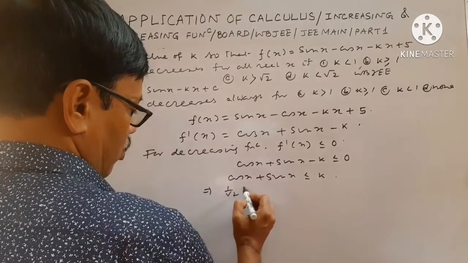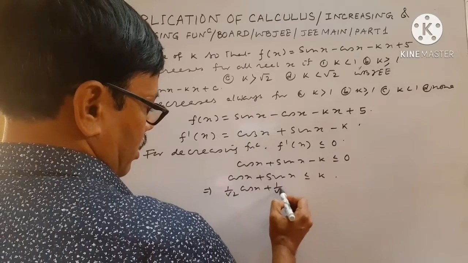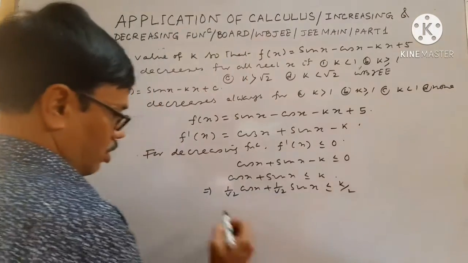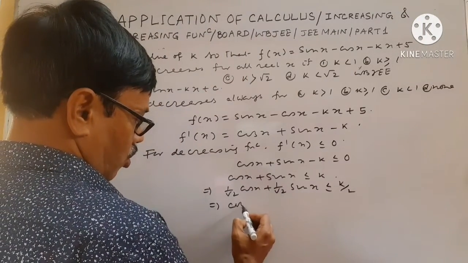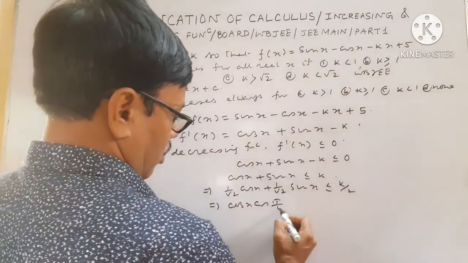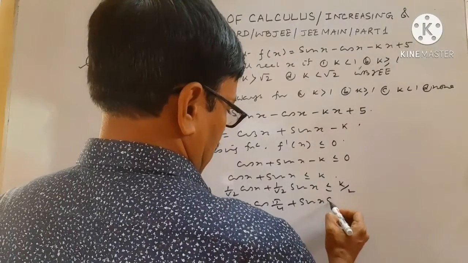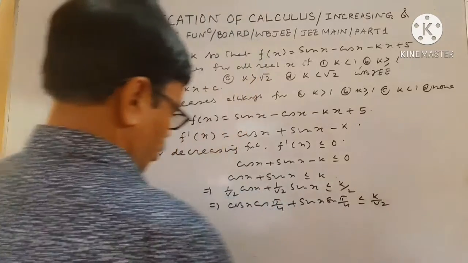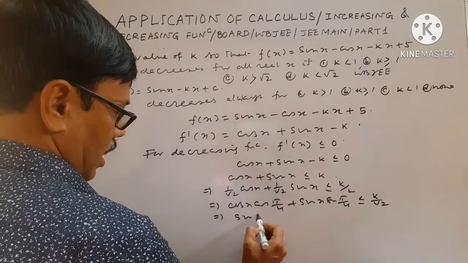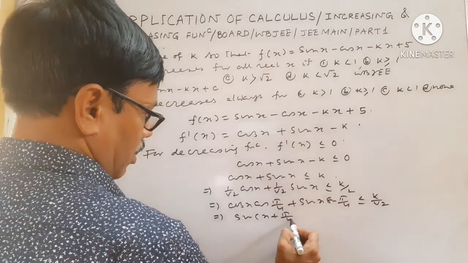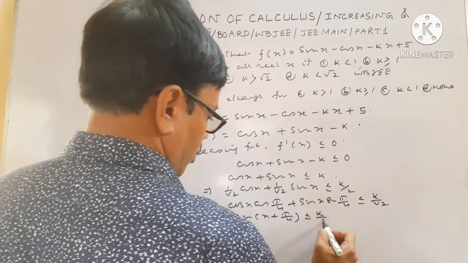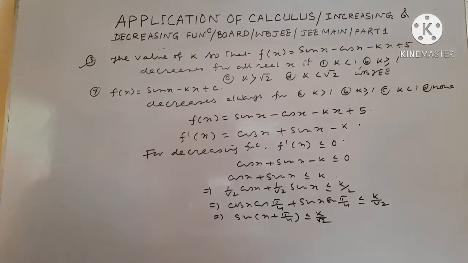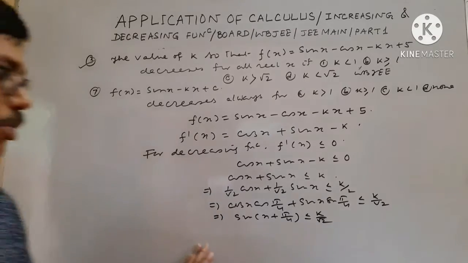So divide by root 2 to get it in terms of sine or cos. So this is cos x cos pi by 4 plus sin x sin pi by 4 less than or equal to k by root 2. So sin of x plus pi by 4 is less than or equal to k by root 2.